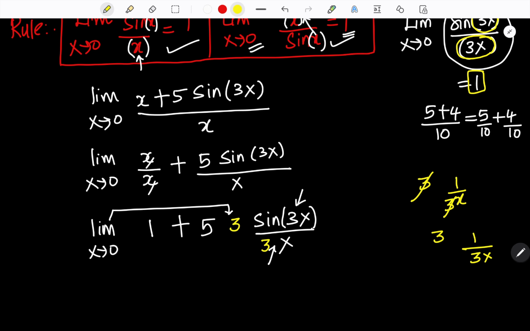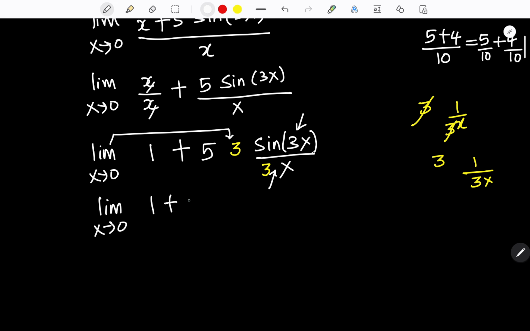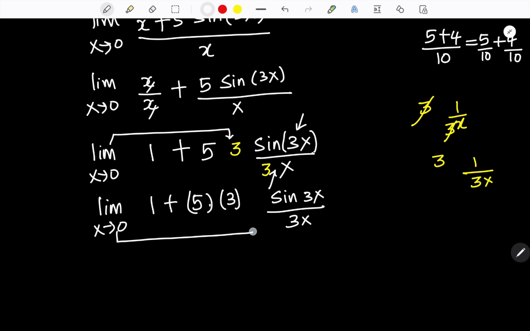Okay, so now what happens? Limit x goes to 0 of 1 plus 5, and then multiplied by, I'll put a bracket here, 3 times sine 3x over 3x. So when limit x goes to 0, sine 3x divided by 3x is what?